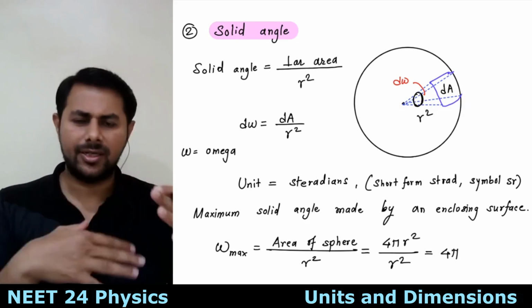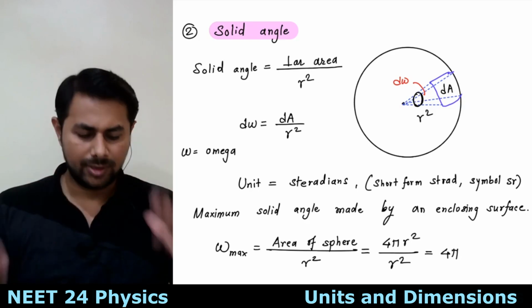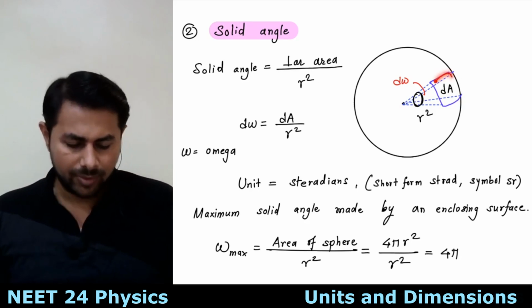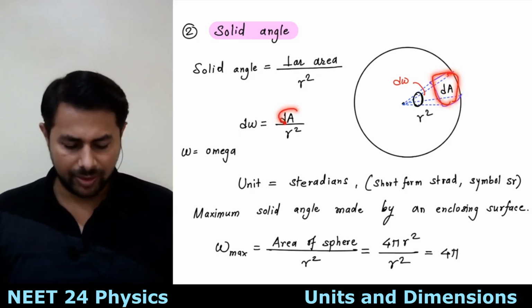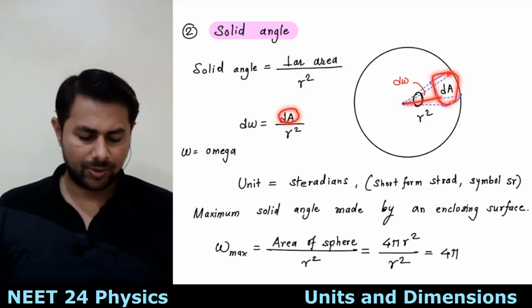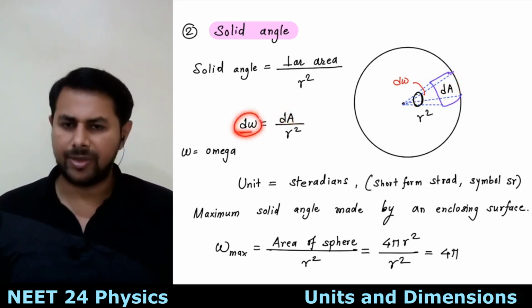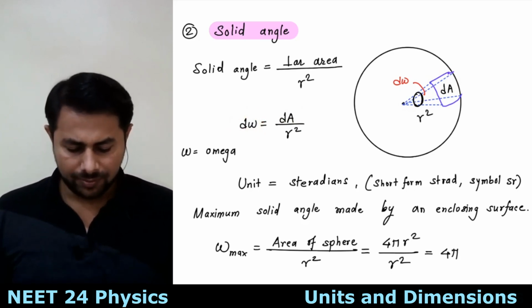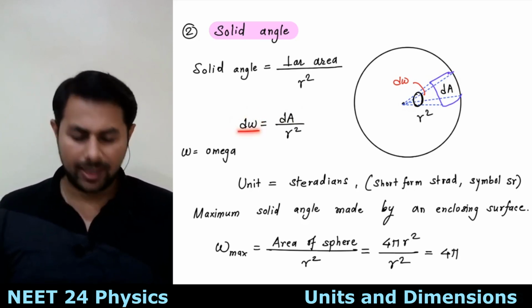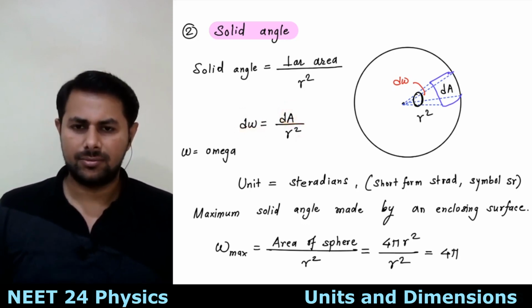So the perpendicular area is dA, and its distance from the center is r. Then the small solid angle is denoted by d omega. So d omega is equal to dA divided by r square. Is this clear?